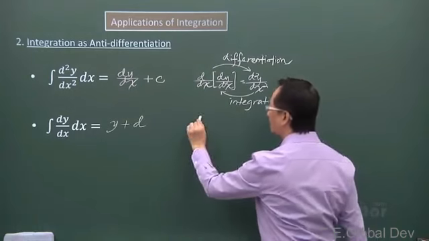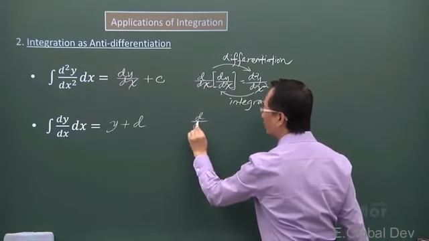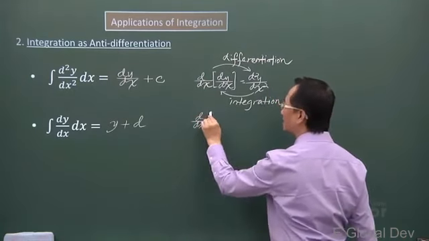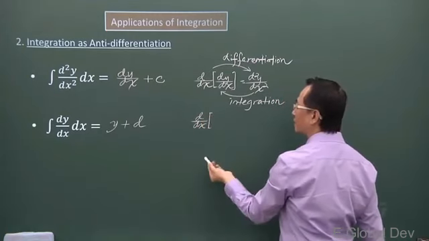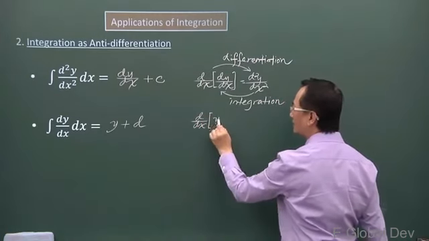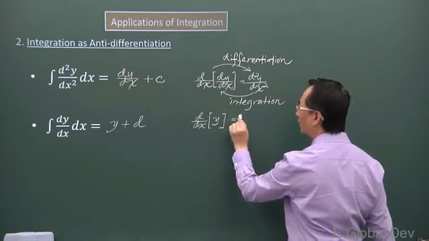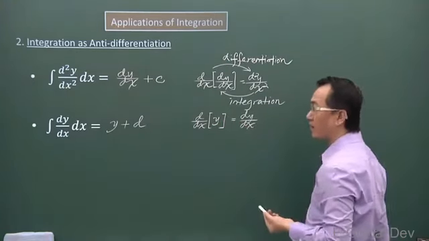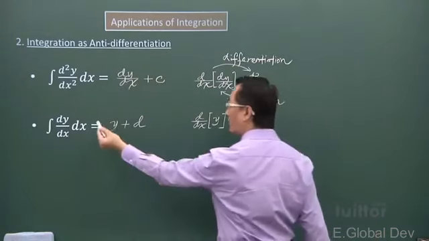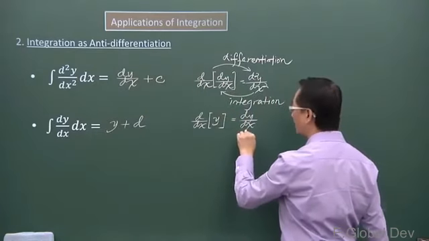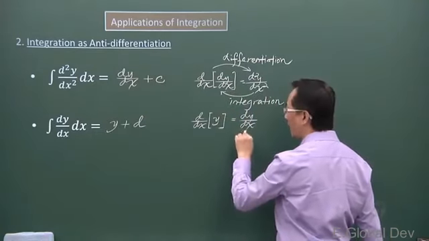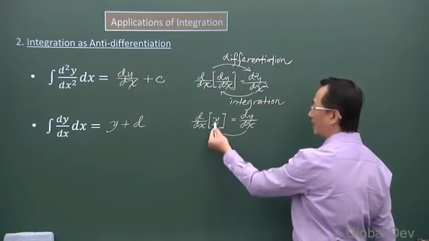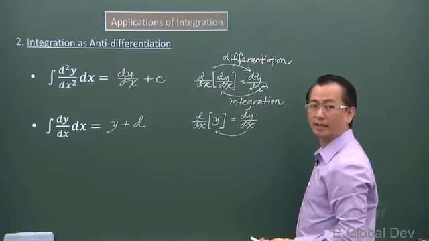So let me show how the process is for differentiation. If I differentiate the y function, I'll get the first derivative, dy over dx. What I'm seeking to do over there is to integrate dy over dx, and I get my y.